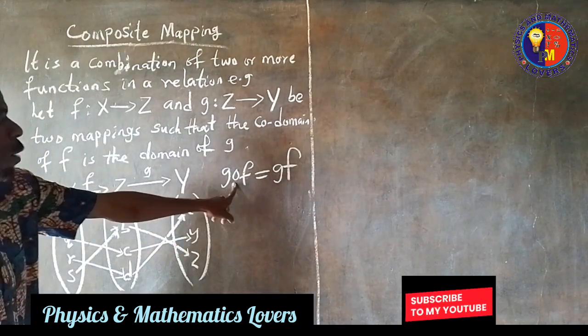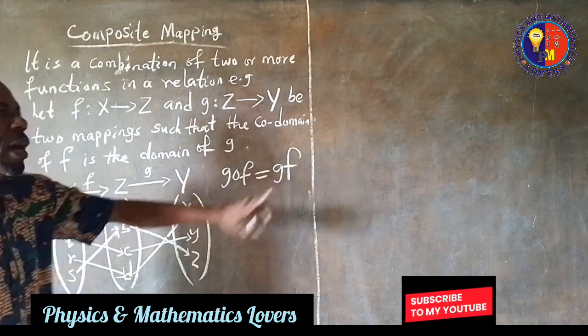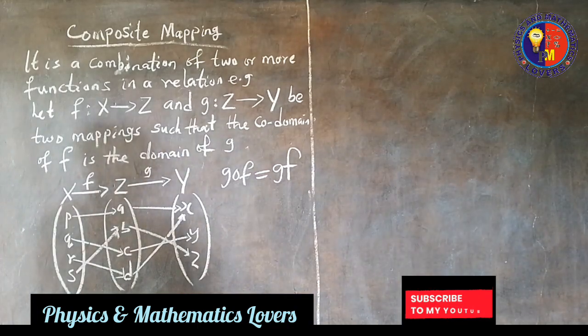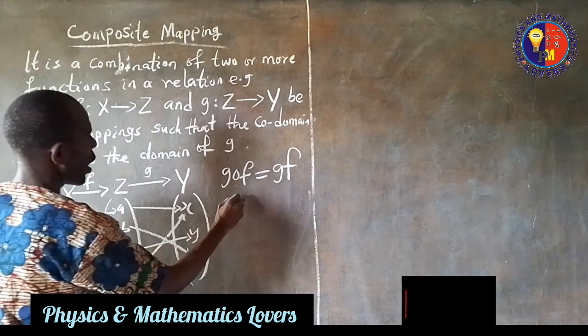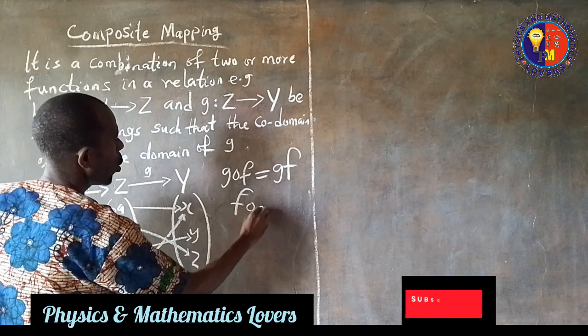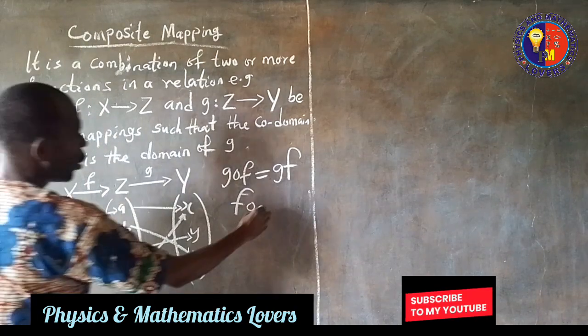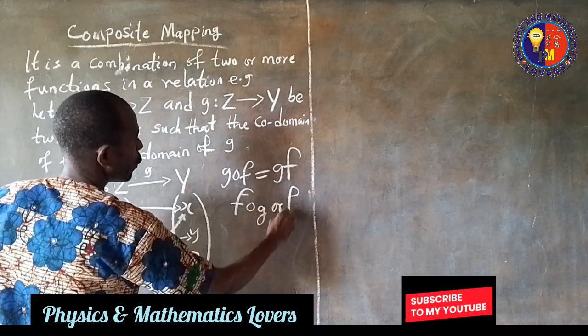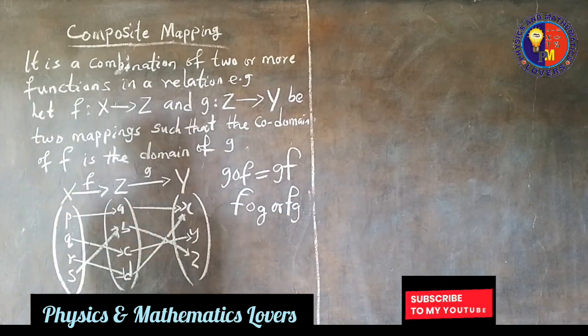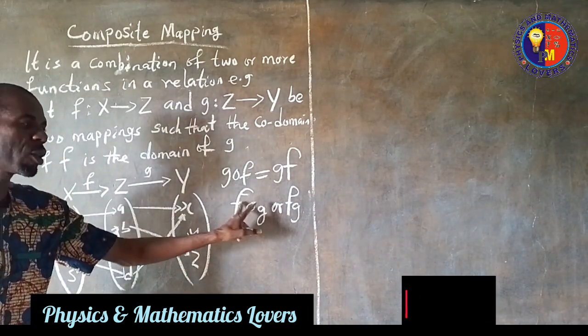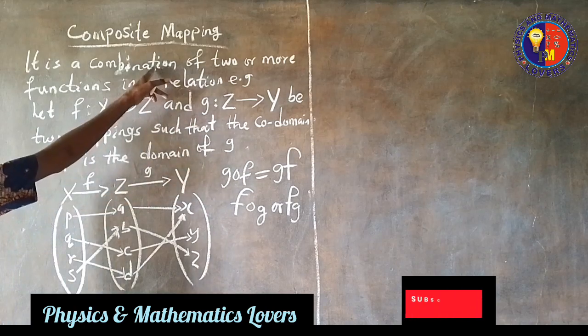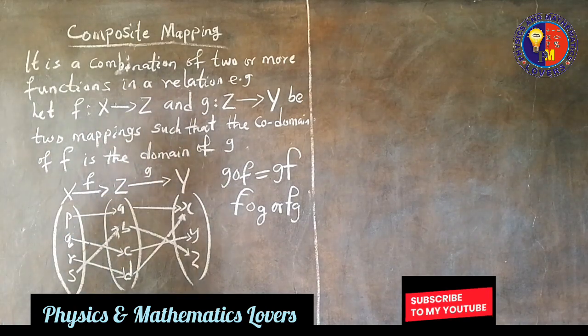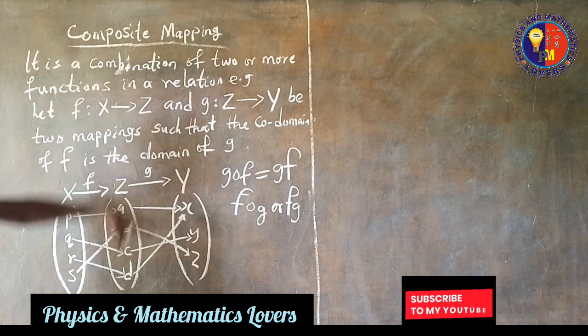When you see g o f or gf, they are actually talking about the same thing. So you can also say f o g, or f g. When you look at these two, they are talking about composite functions.